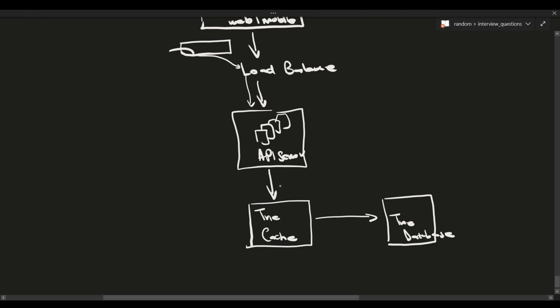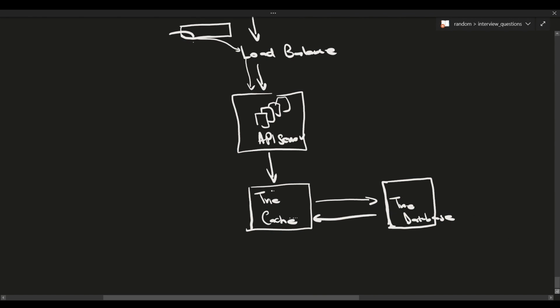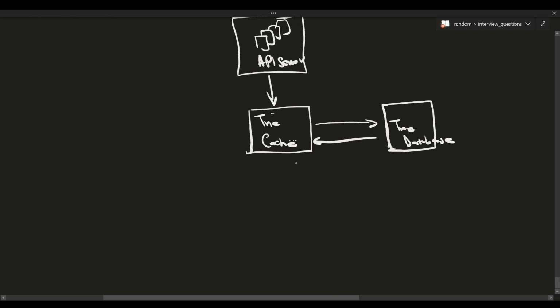It could happen that the search query the user has sent is not necessarily in the cache. We can go and get that from the trie database, and then we can cache it. So that's one thing we can do. I think this is what we call read through cache.